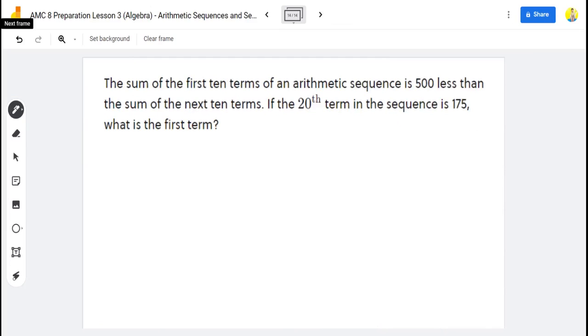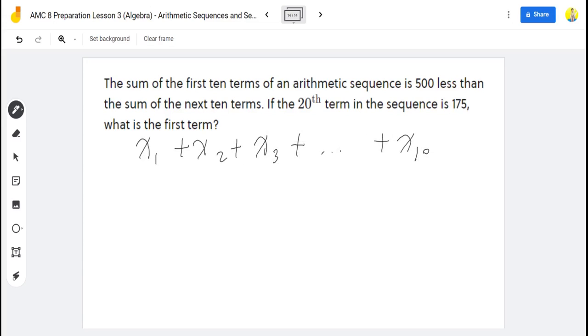The sum of the first 10 terms of an arithmetic sequence is 500 less than the sum of the next 10 terms. If the 20th term of the sequence is 175, what is the first term? So let the sum of the first 10 terms of the arithmetic sequence be x1 plus x2 plus x3 plus on and on plus x10.